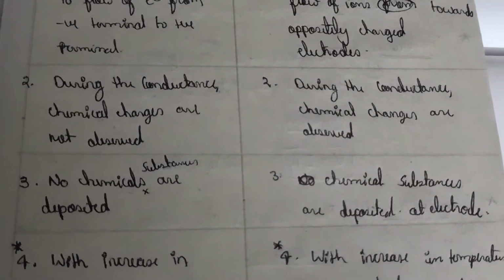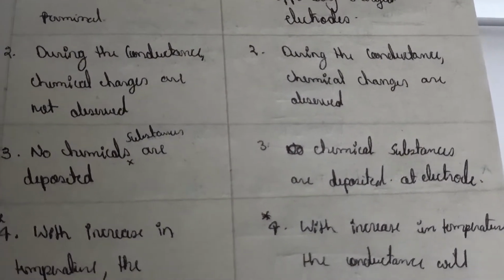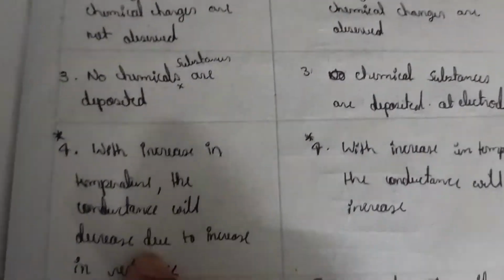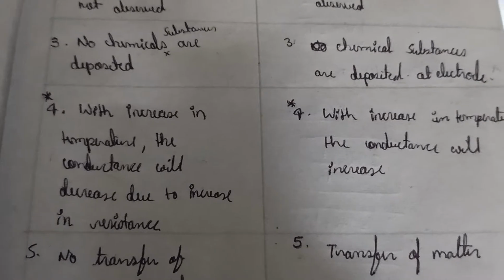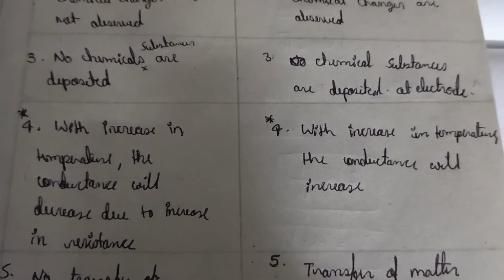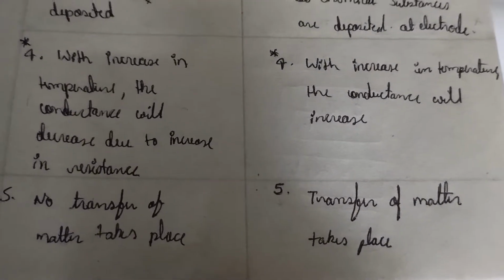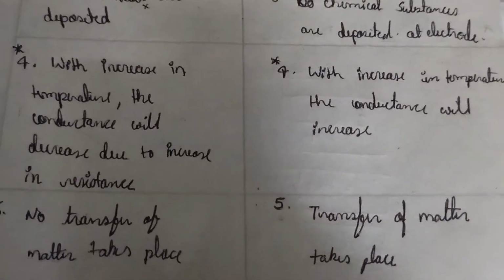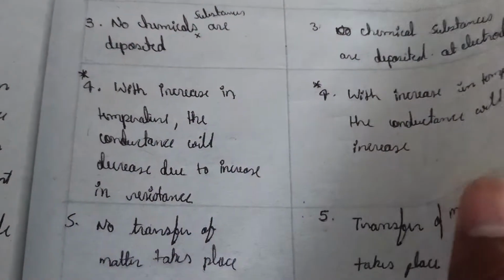No chemical substances are deposited in metallic conductors. With an increase in temperature, the conductance will decrease in metallic conductors due to the increase in resistance, but in electrolytic conductors, with an increase in temperature, the conductance will increase. No transfer of matter takes place in metallic conductors, whereas in electrolytic conductors transfer of matter takes place.